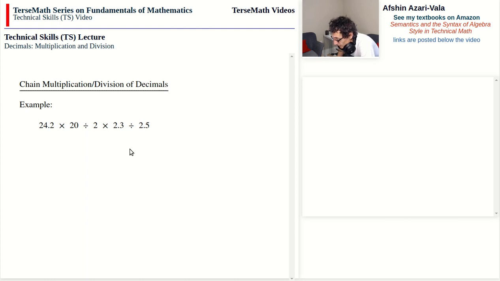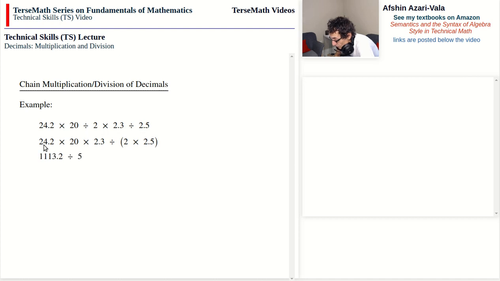Similar to the relationship between addition and subtraction, where a whole bunch of subtractions can be turned into subtraction of the sum of them, here we can do the same. We can multiply the numbers that are being multiplied, such as 24.2, times 20, times 2.3, and then divide by the product of the ones that we are dividing by, like 2 and 2.5.